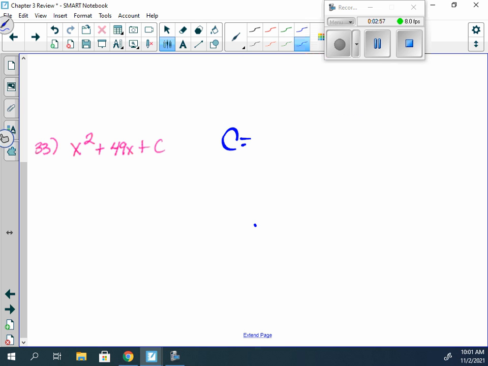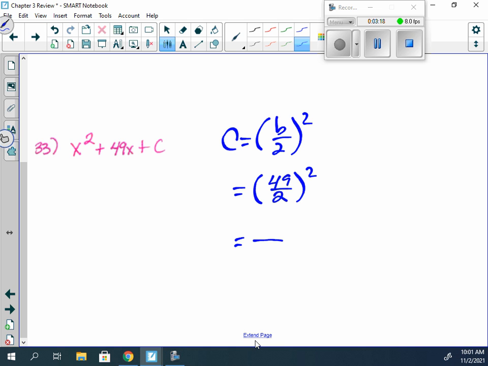Because C is equal to B over 2 squared. So for us here, the value of B would be 49 over 2. 49 over 2 squared. Well, will those divide evenly?